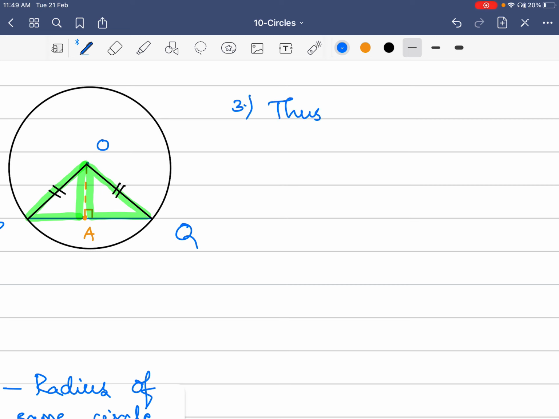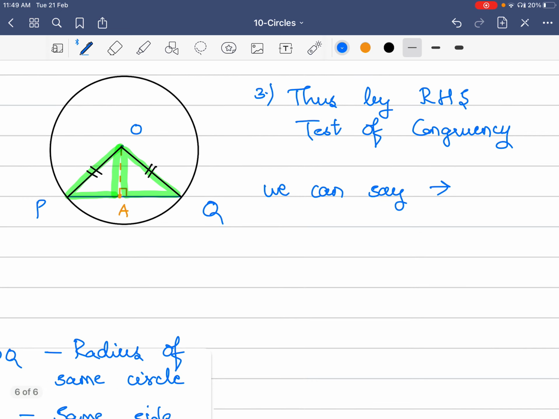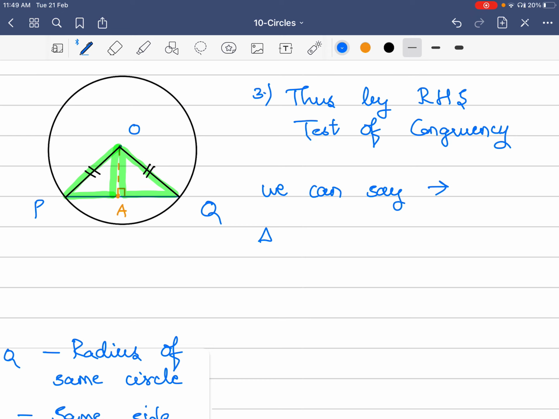Thus, by RHS, which is right angle hypotenuse side test of congruency, we can say that the two triangles are congruent to each other. So triangle OPA is congruent to triangle OQA.